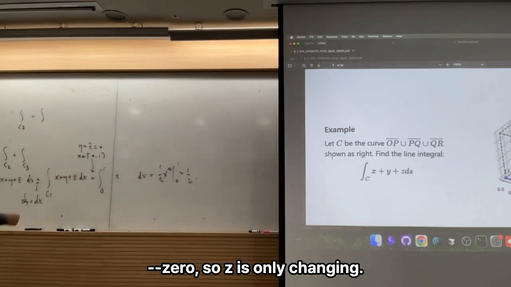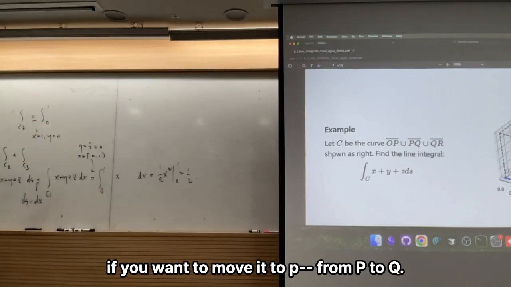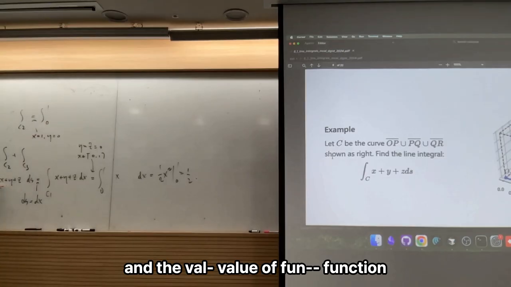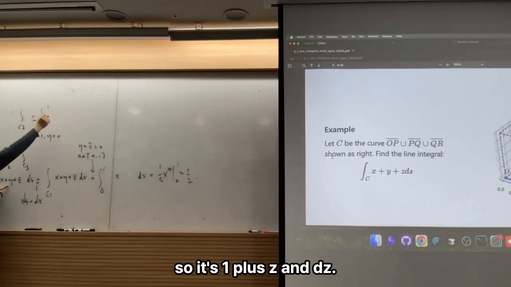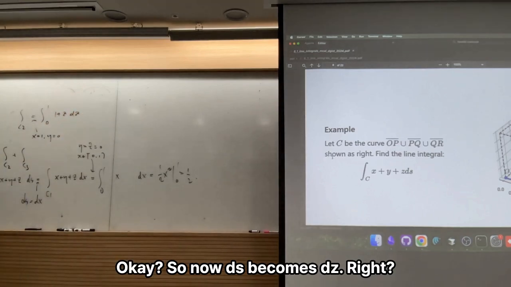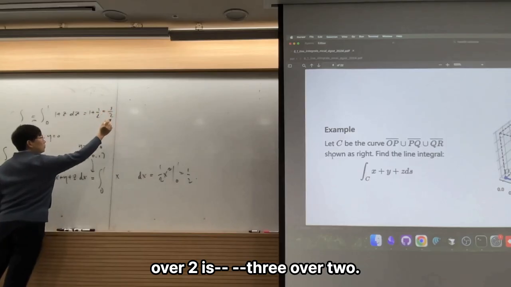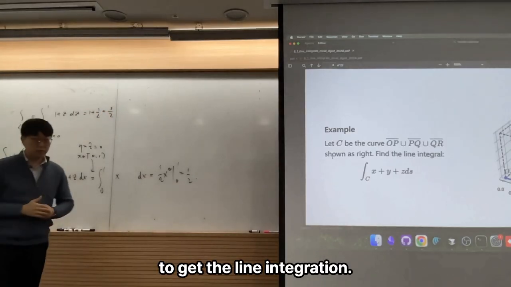So z is only changing, from 0 to 1 if you want to move it from P to Q. The value of the function is x plus y plus z. X plus y is 1, so it's 1 plus z, dz. Now ds becomes dz. So it's 1 plus 1 over 2, which is 3 over 2. So you can do the C3 here, and then combine them together to get the line integration.